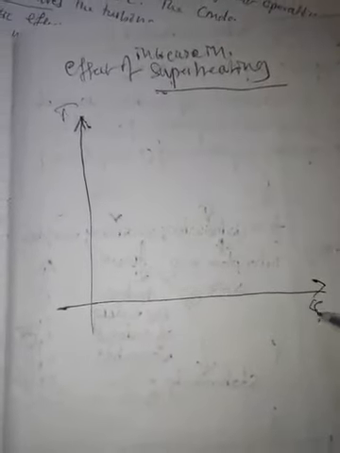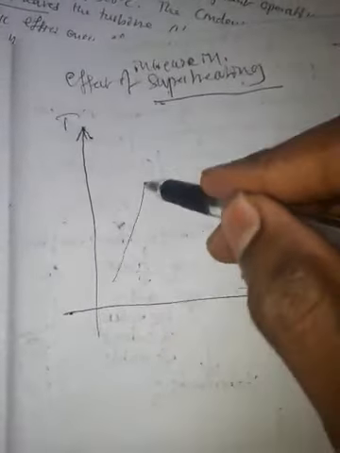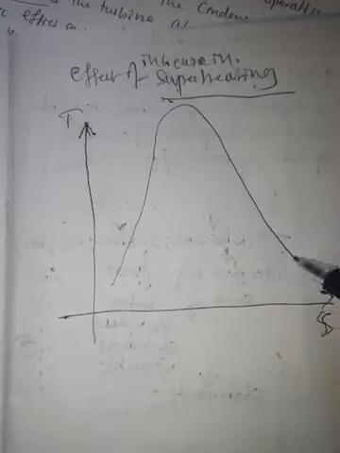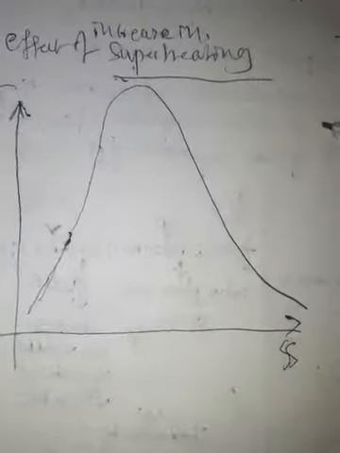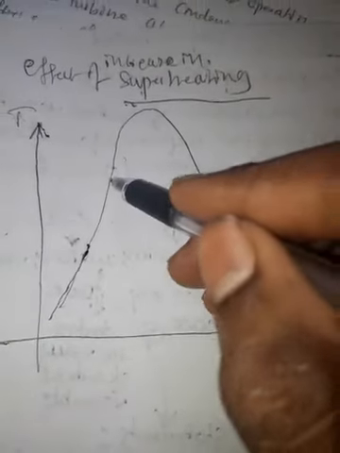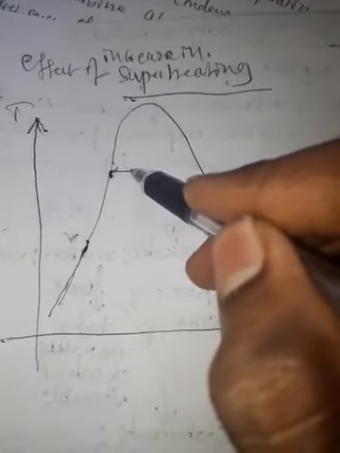So if I increase the superheating or degree of superheat in the Rankine cycle, what is the effect? Let me draw the temperature entropy diagram. This is the vapor dome, saturated liquid line, saturated vapor line. Now first let me draw the simple saturation cycle.